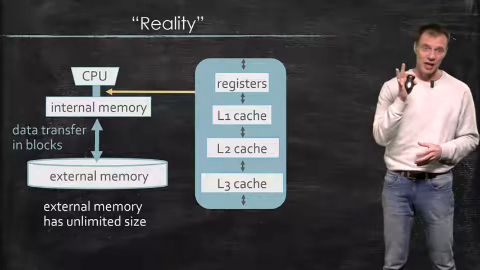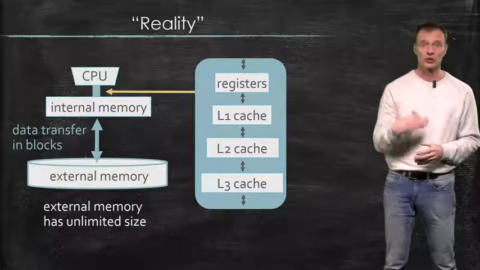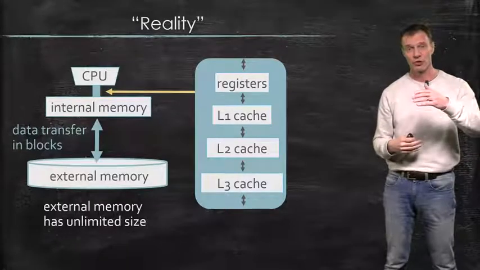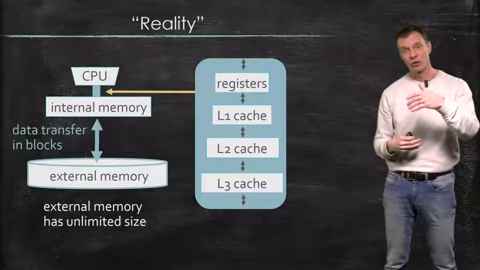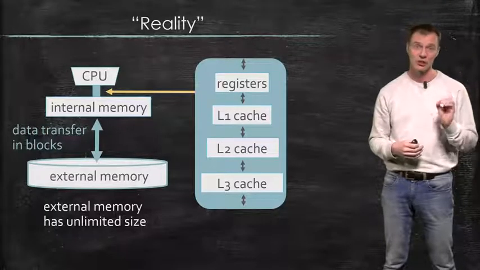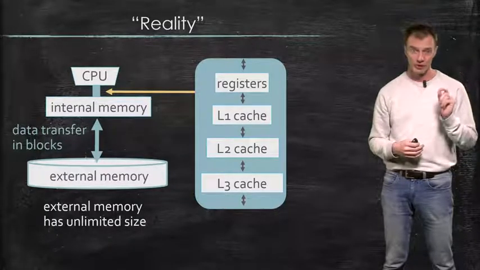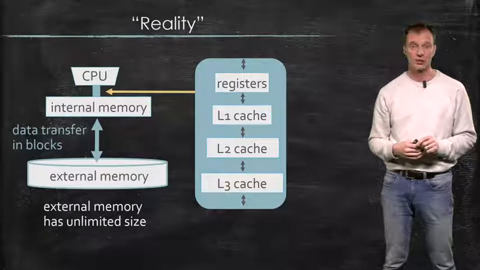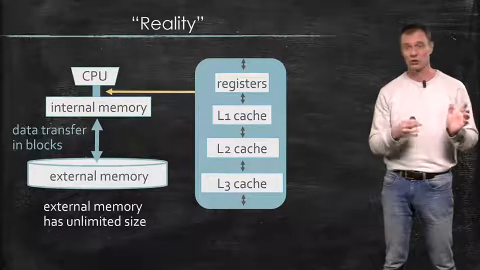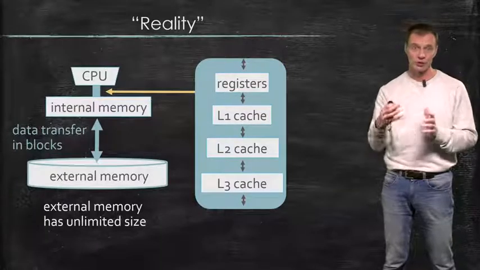Okay, and actually the data transfer between these different levels, so for instance, if you want to move data from the internal memory to the L3 cache, again, this is not done by individual items, but this is done also using blocks. And the block size is going to be different between the different levels.